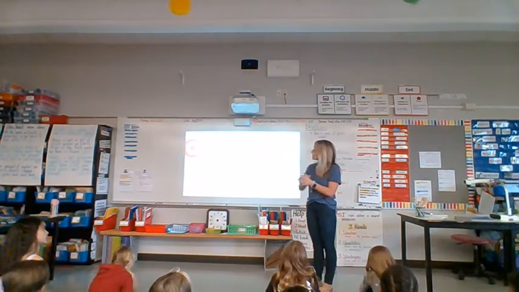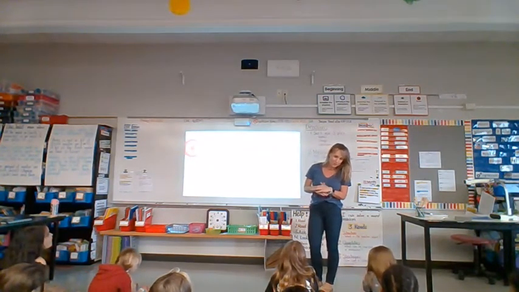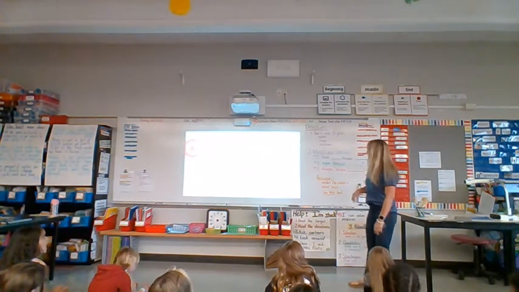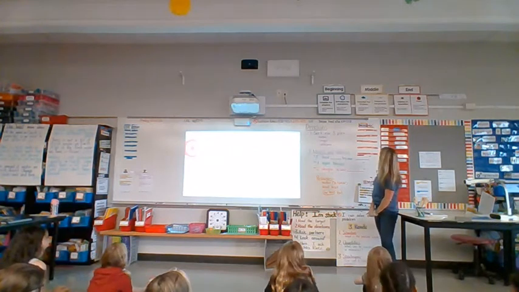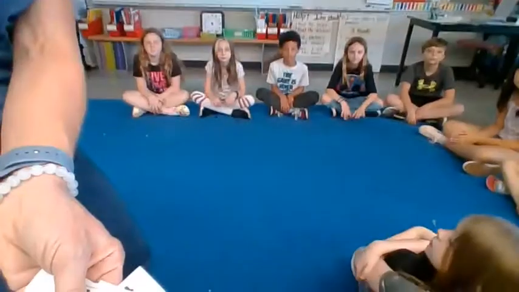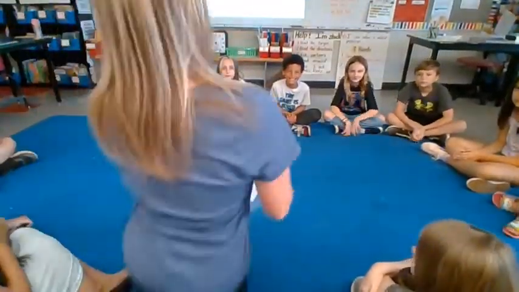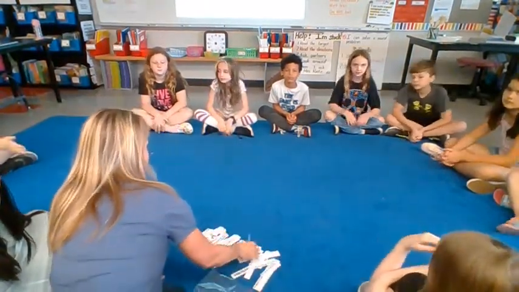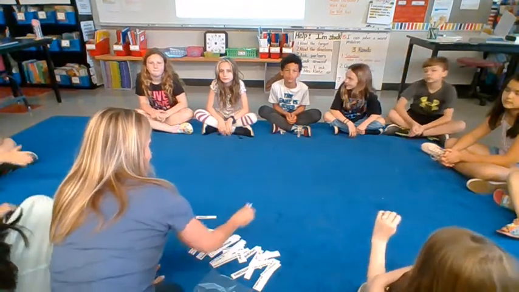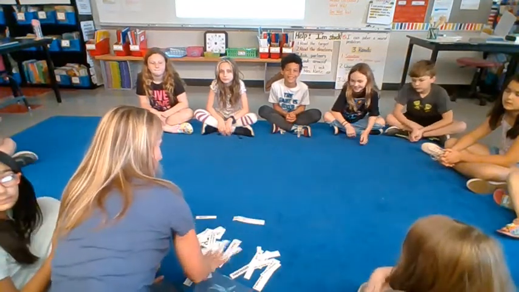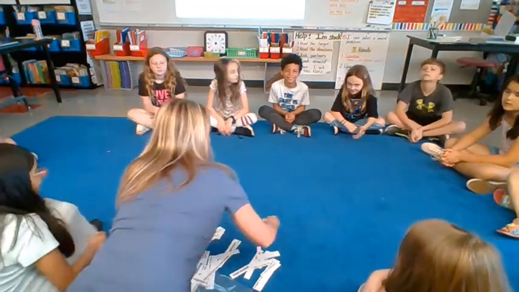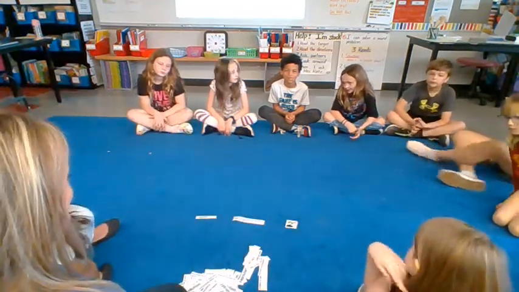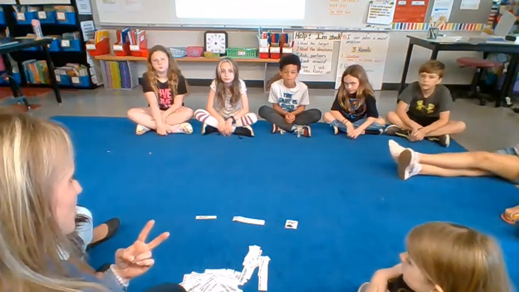Okay, so what we're going to do today to demonstrate our understanding for content vocabulary is a two-part activity. In part 1, you are going to be working with a team. You and your team are going to have this bag of words, definitions, and images that have all to do with the content we're learning about, pollution and the water cycle.